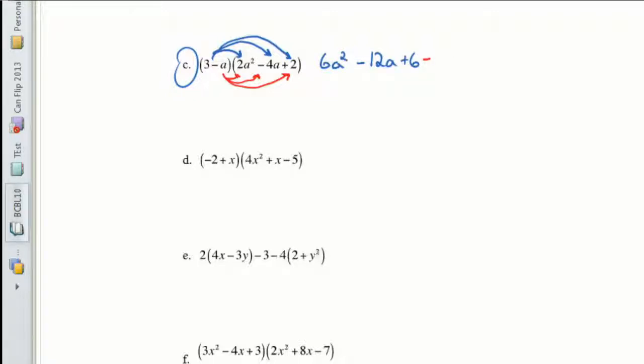Remember there's a negative 1 here, so if you're multiplying the 1 by the 2, you're going to end up with negative 2. So I'm going to put a negative 2a times a squared is a cubed. I add my exponents. Negative a times negative 4a is going to be a positive 4a squared. And negative a times positive 2 is negative 2a.